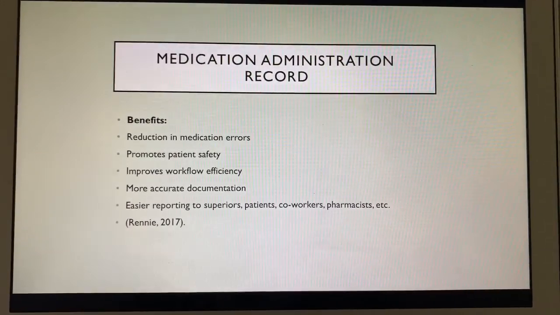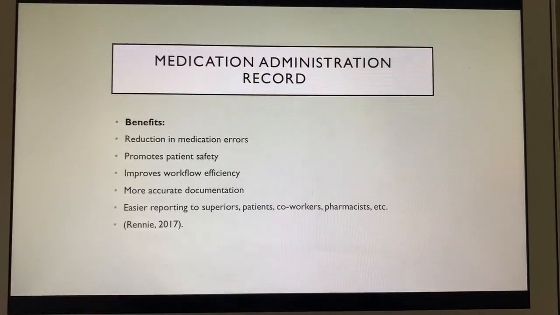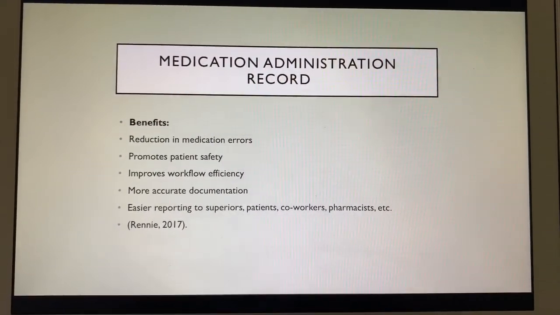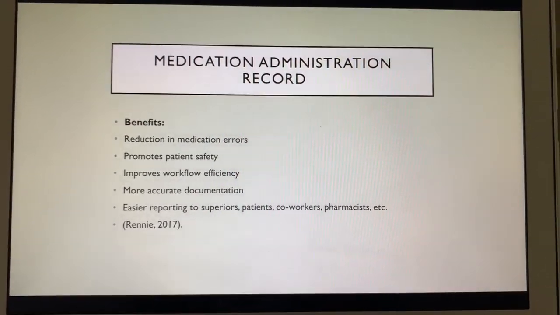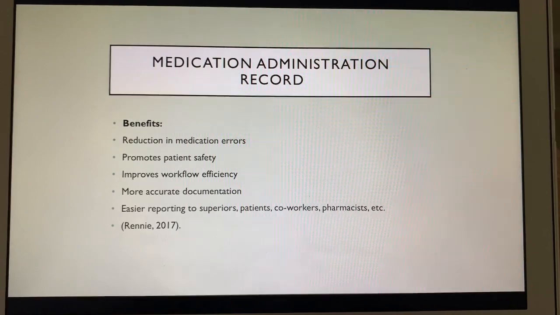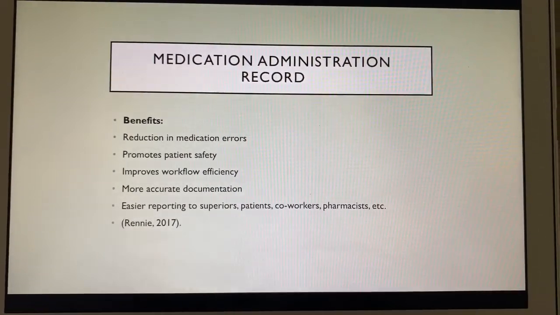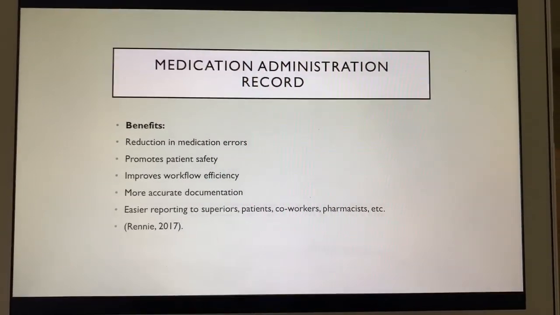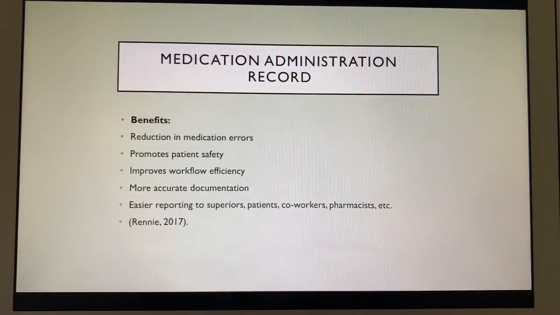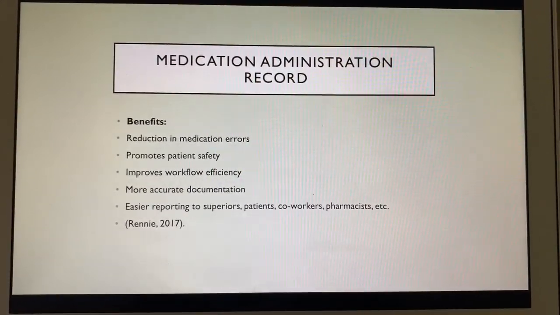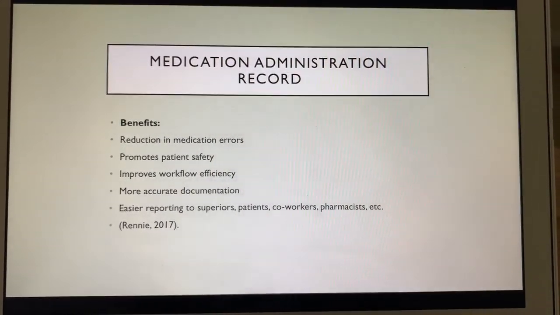Another benefit is there is a more accurate documentation. So nurses on different shifts can look back at previous medications that were given and what times they were given and what dose. For example, on my unit, I work on an orthopedic unit and we have a lot of surgeries.